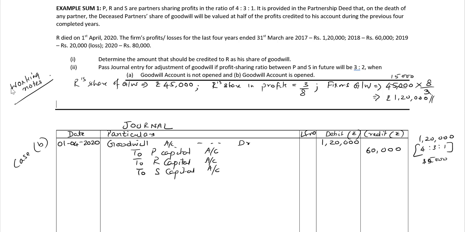Against R capital account, 45,000 rupees. And S capital account, rupees 15,000. Being goodwill raised to full value.